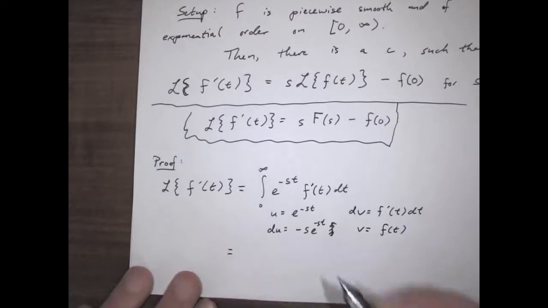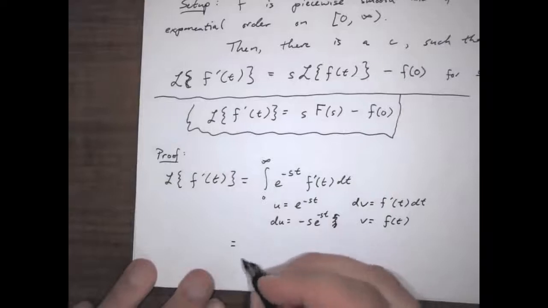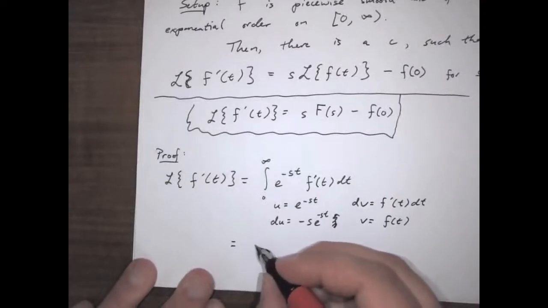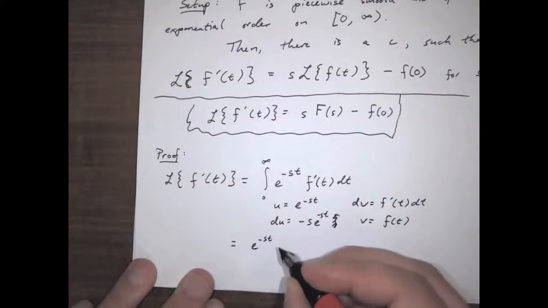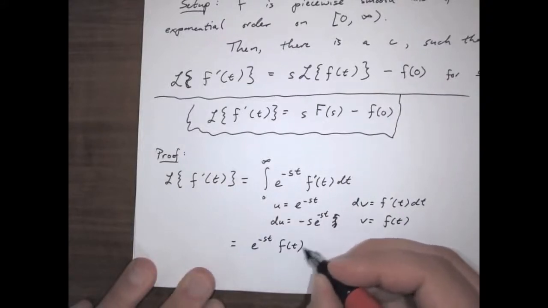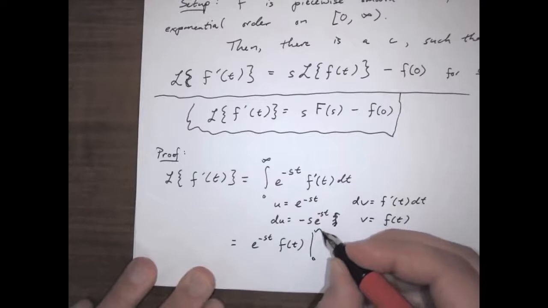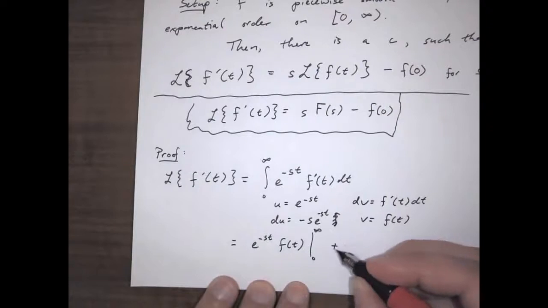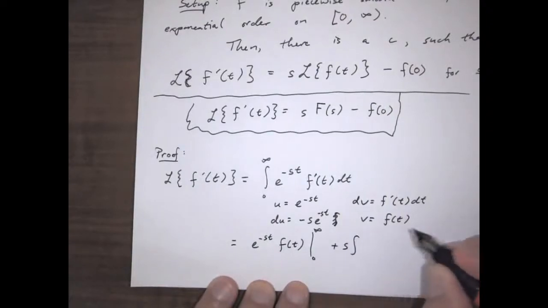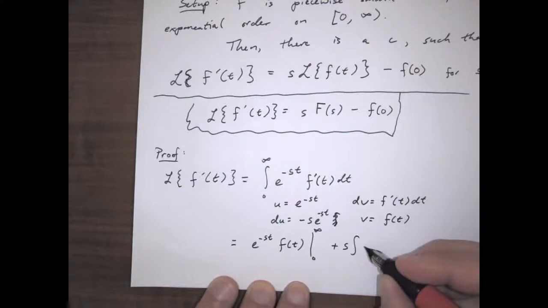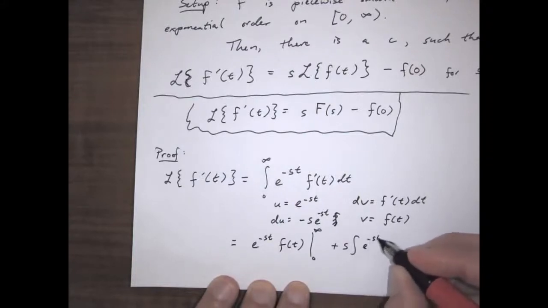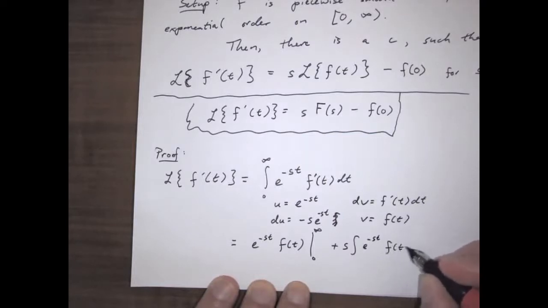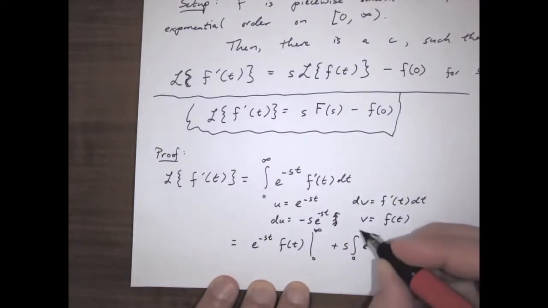Under this integration by parts, we would have uv, which is equal to e to the minus st f of t, going from 0 to infinity, minus a negative, so plus s times the integral of v du. I just pulled the s out because it's a constant with respect to t: negative st f of t dt from 0 to infinity.